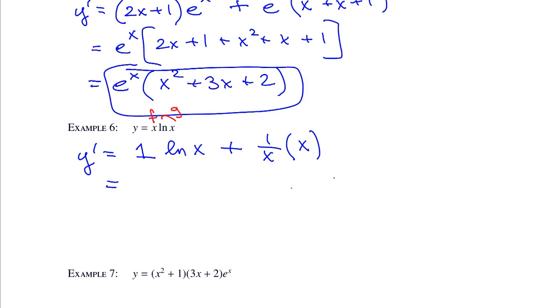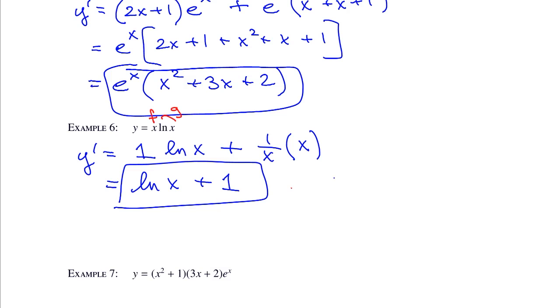And so 1 ln of x is ln of x plus 1 over x times x is 1. So it's ln of x plus 1. So you just do 1 over x times x over 1, and that equals 1. Yeah, the derivative of the ln function is 1 over x.